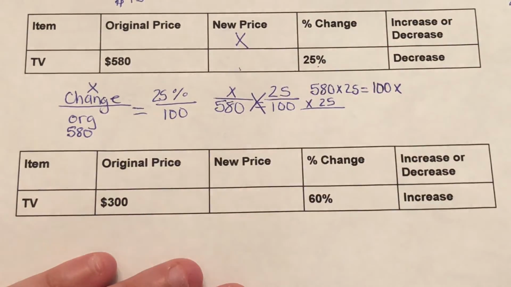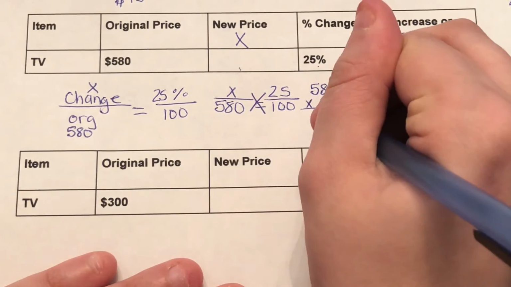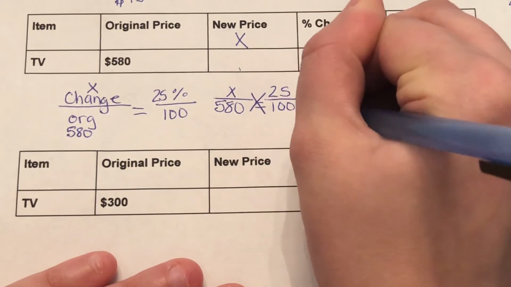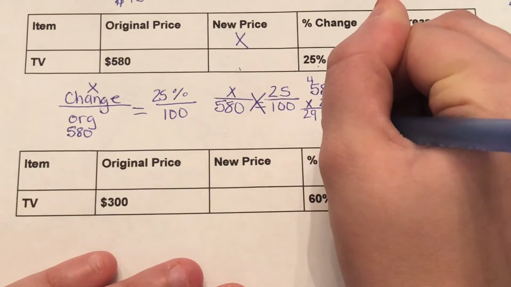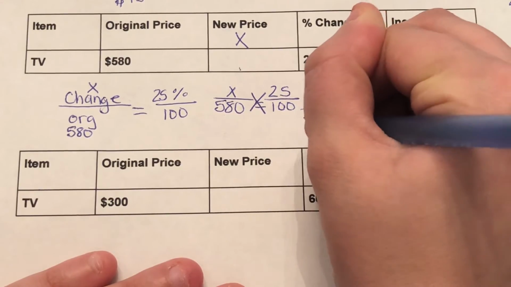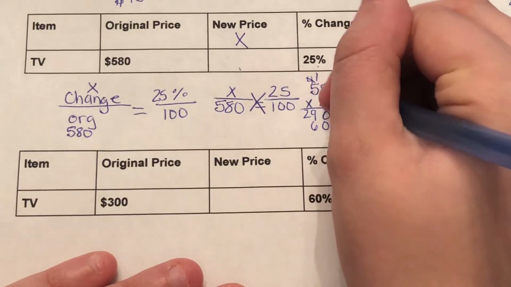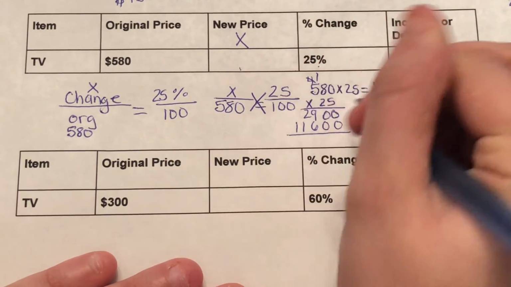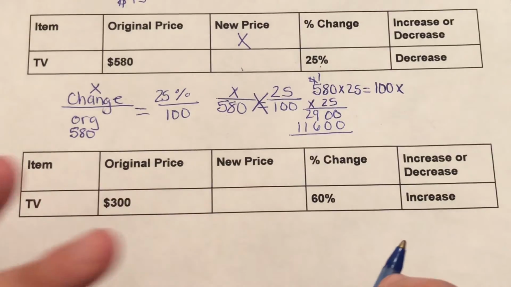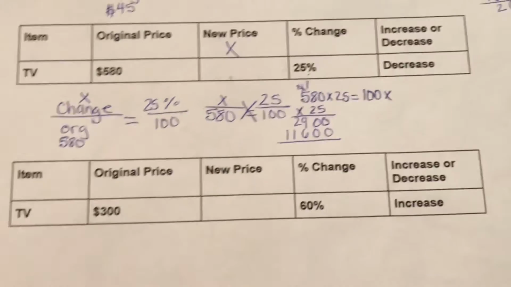So I'm gonna multiply those two together. Two times 0 is 0, 2 times 8 is 16, 2 times 5 is 10, plus 1 is 11. And I've already multiplied the 5 by all the numbers. So look to see if you got the same answer.